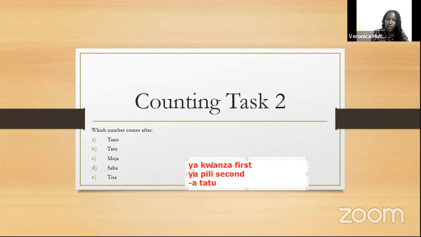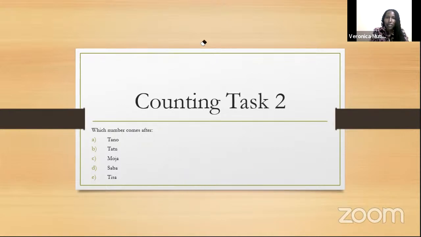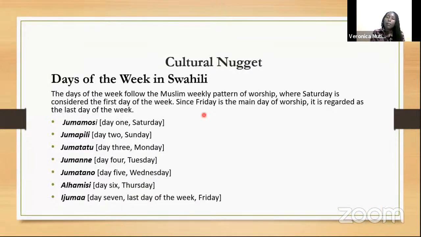The first one is ya kwanza, and the second one is ya pili. And then we have ya tatu, ya nne, ya tano, ya sita, all the way. So kindly remember that.